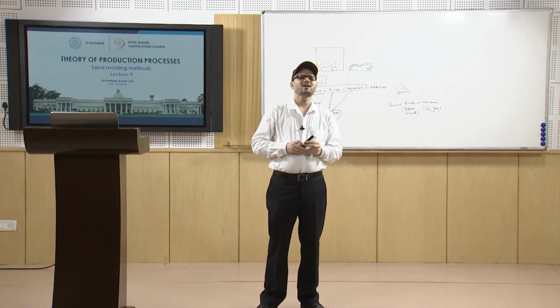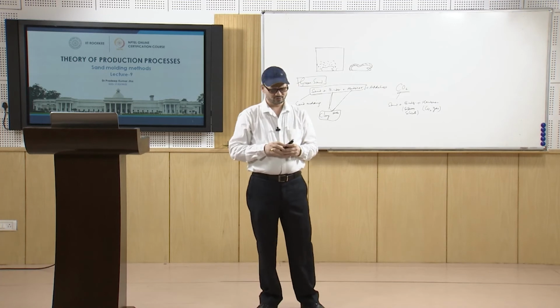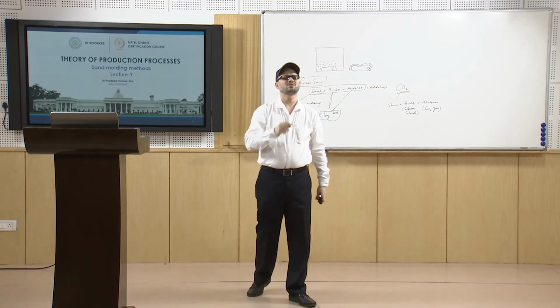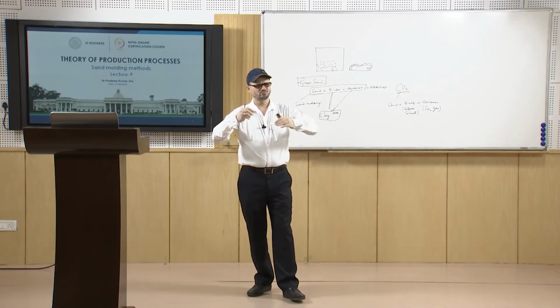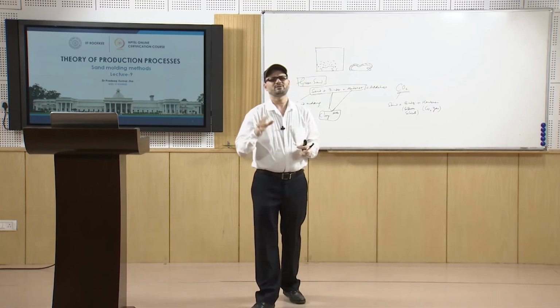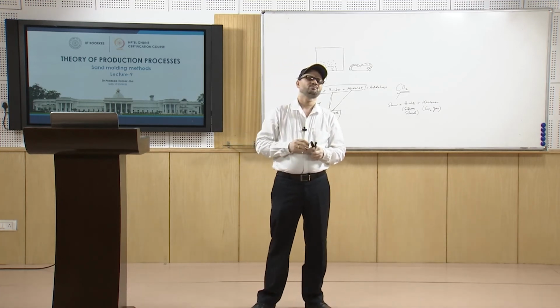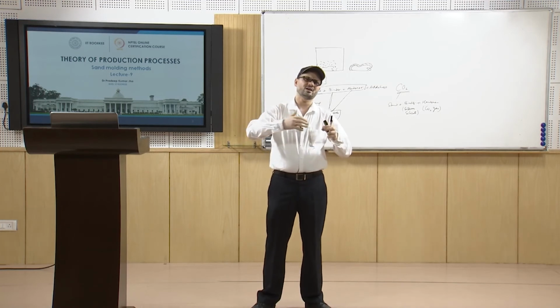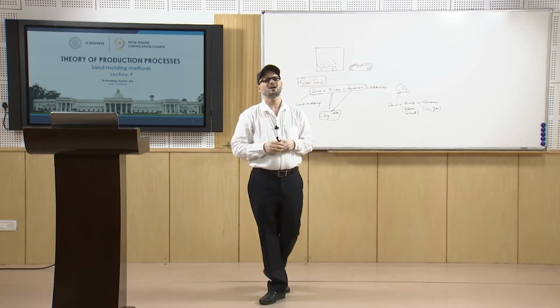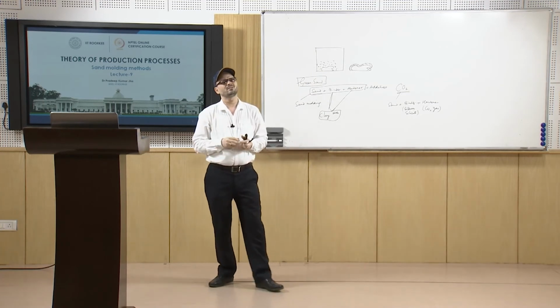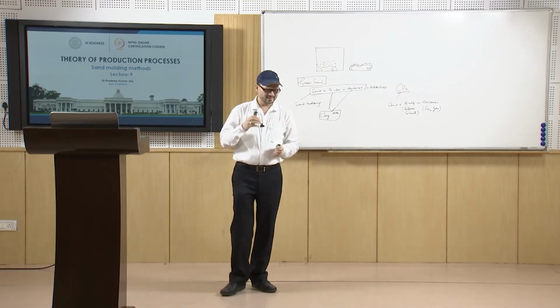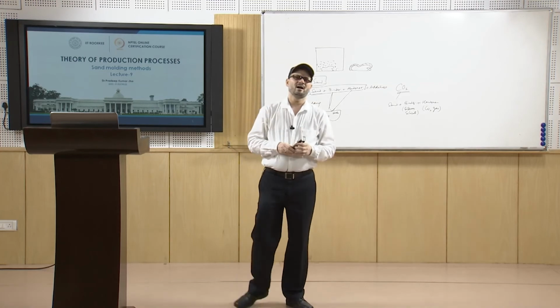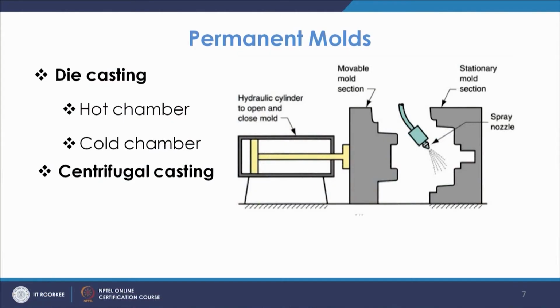Now, talking about permanent molds. We discussed the sand mold, where once you make the sand mold, you pour, and after the casting is solidified, you take the casting out. Now, what happens in the case of permanent molds? In permanent molds, metal is used as the mold.